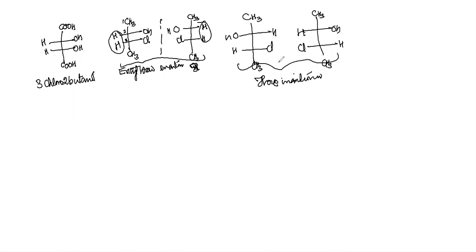So this is the second designation of optically active compounds. Now remember, this should be the least oxidized group. And then you can number 2 and 3. You can discuss between 2 and 3, but not beyond that.